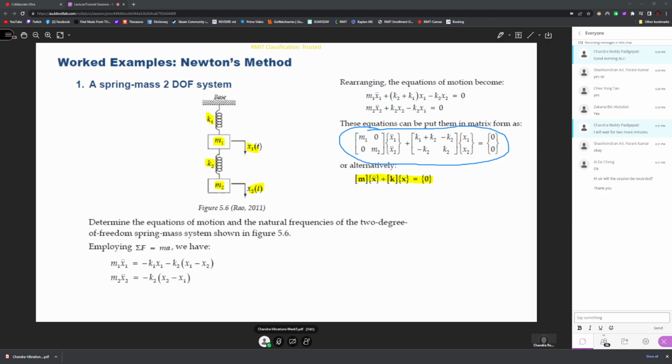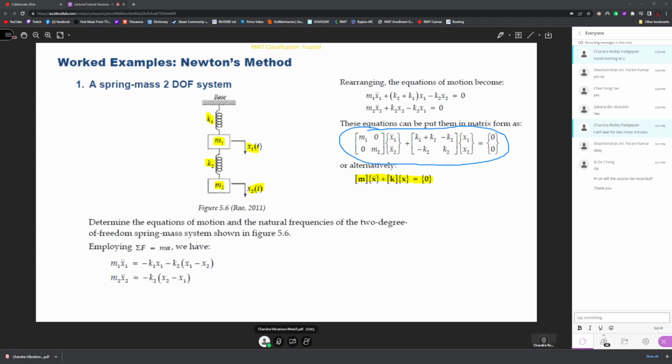So a mass matrix multiplied by the acceleration matrix followed by the stiffness matrix, that is K1 plus K2, minus K2, then minus K2, and you have K2 because there are only two spring constants here. So there is no external force, so the resulting matrix will be a zero matrix.